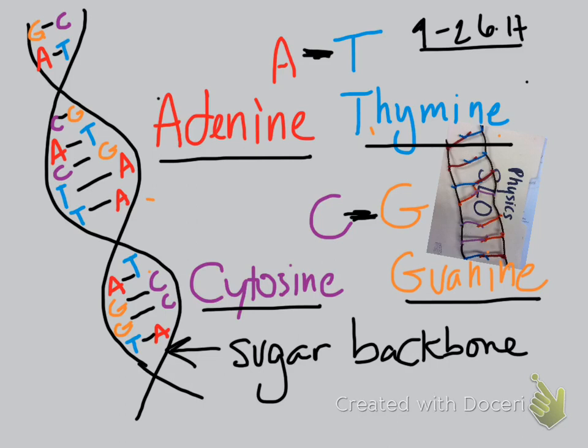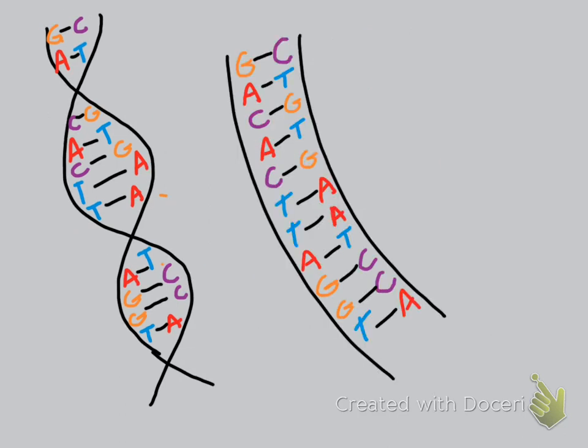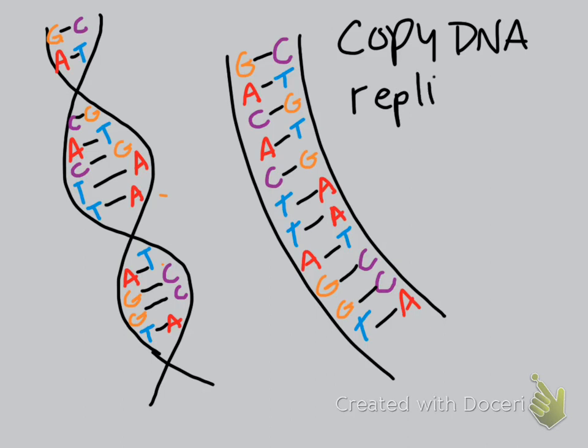They copy their DNA, and that copying is called replication. What does the prefix re mean? Again, to replicate something is to copy it. So what we're going to do is replicate your DNA. But first I want to walk through the steps of how that happens.